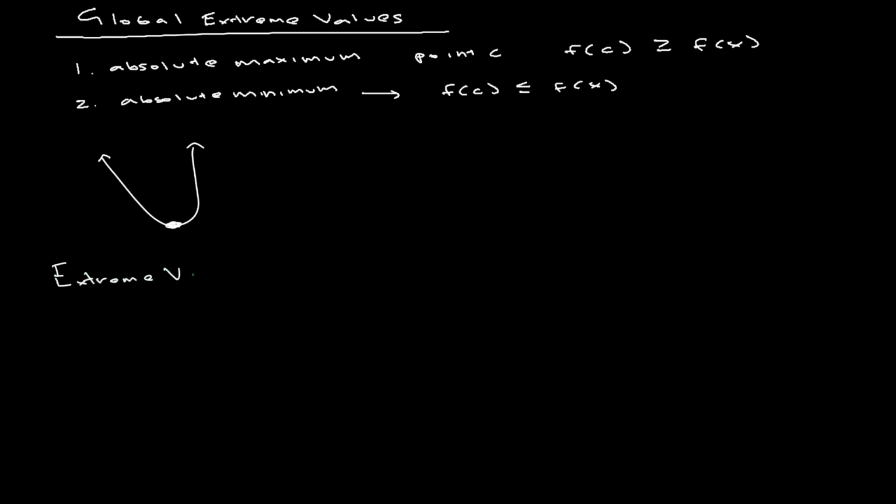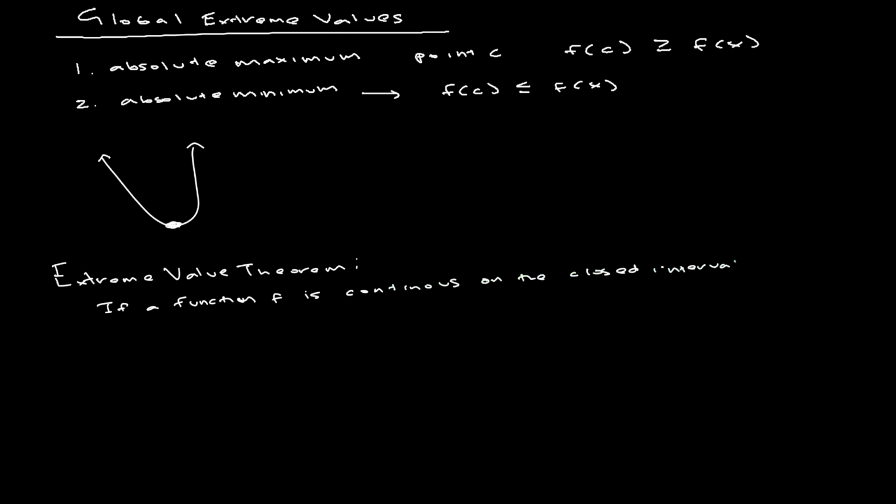That basically states that if a function f is continuous on the closed interval a comma b, and it has to be closed, then f has an absolute minimum and an absolute maximum.